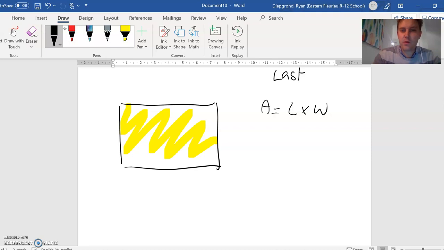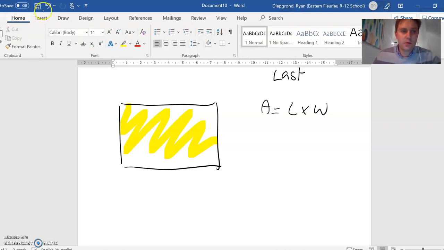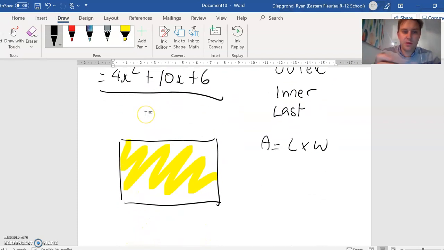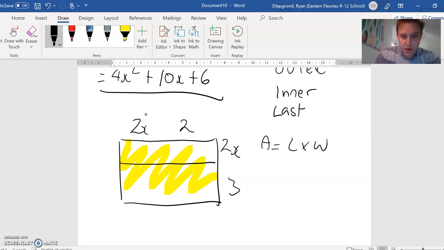So we're going to find out what that length is, and we're going to call that length one of these terms. So this one's going to be the 2x, and this is going to be the 2, and this side's going to be the 2x, and this is going to be the 3. So again, I'm going to draw my line across here, and that's my width of 2x, and this is going to be my width of 2x.